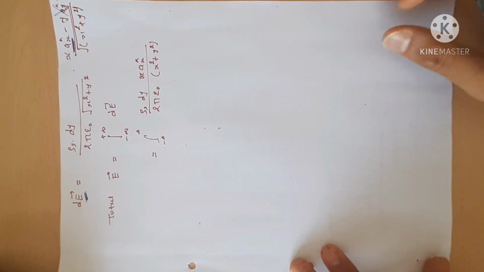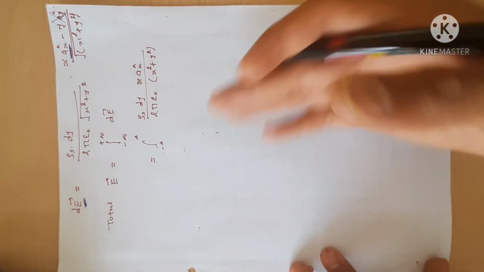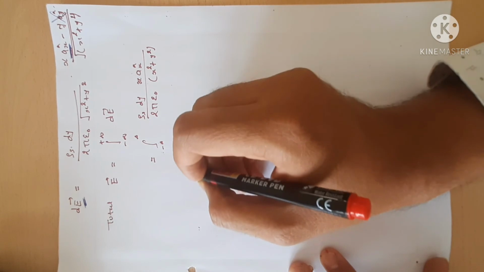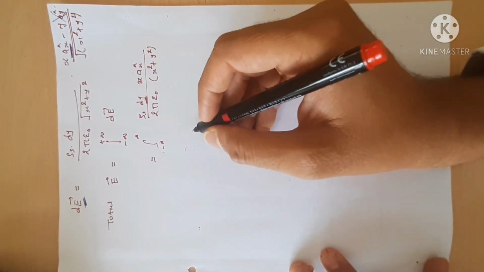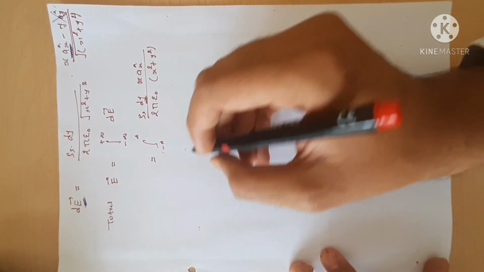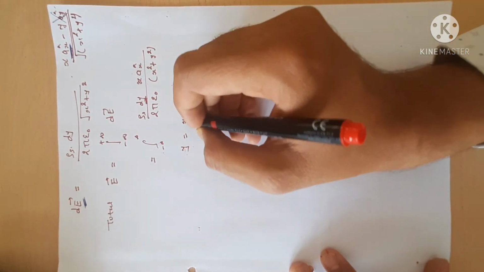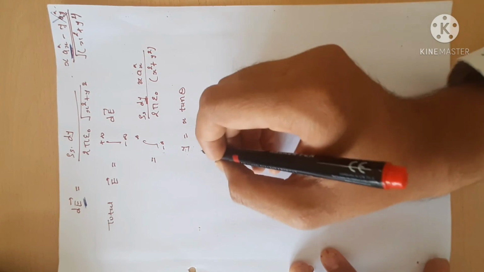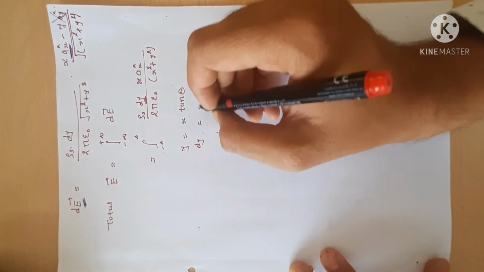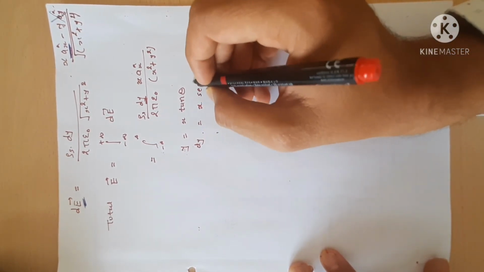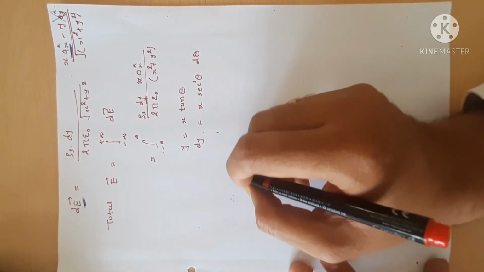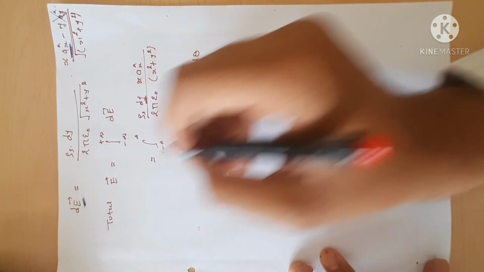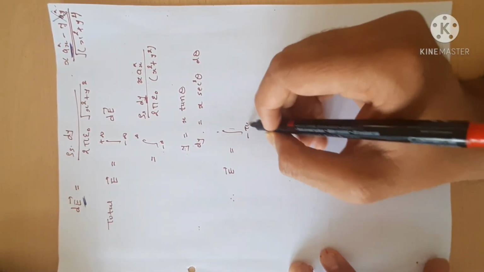Okay, so now we have to apply our basic knowledge of integration. Here y is the variable, so you choose y equal to x tan theta. So what is dy? Dy is x sec square theta into d theta.